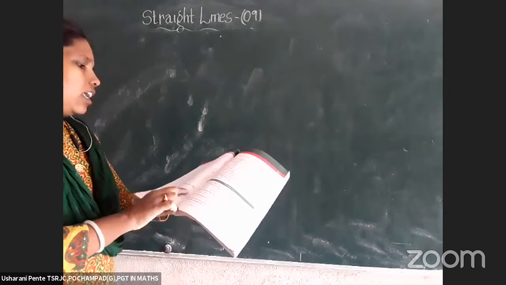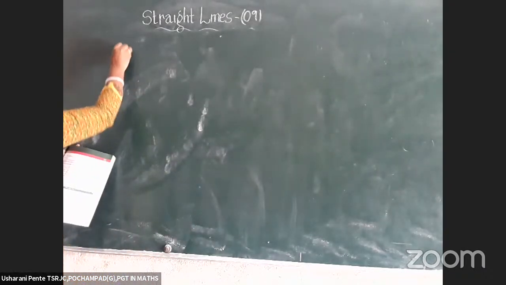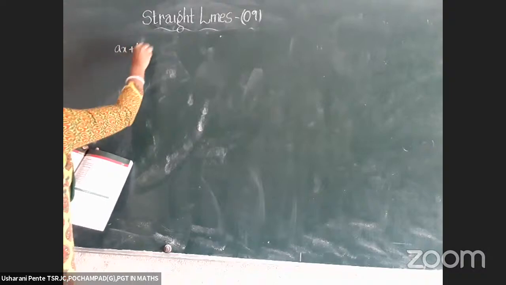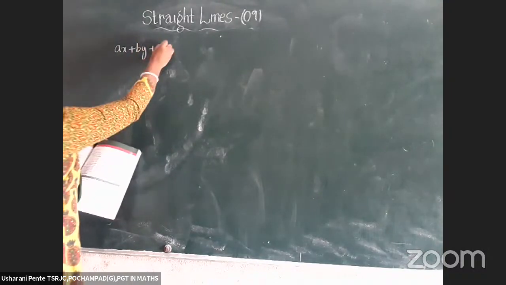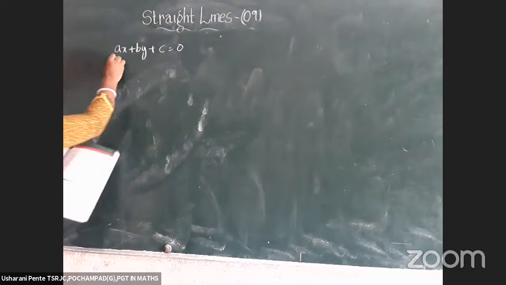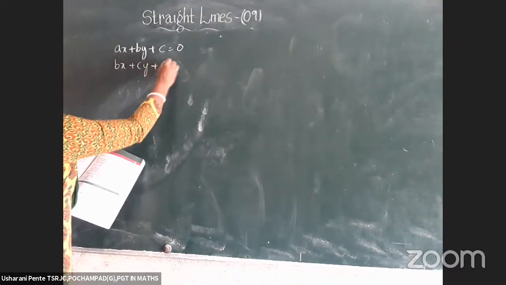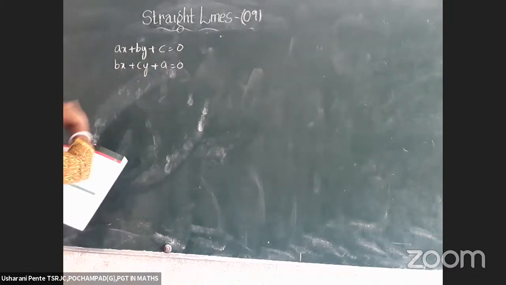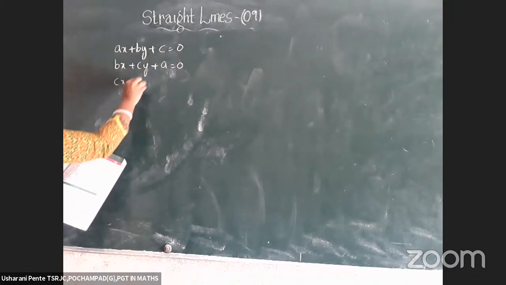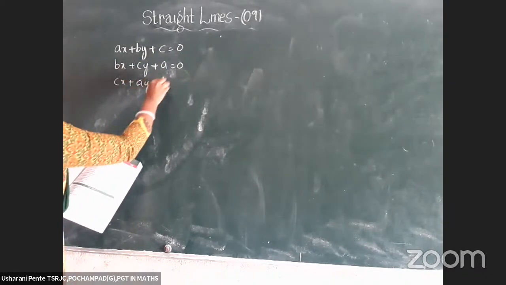Next, if the straight lines, they have given the 3 lines, that is ax plus by plus c is equal to 0, bx plus cy plus a is equal to 0, and next is cx plus ay plus b is equal to 0.